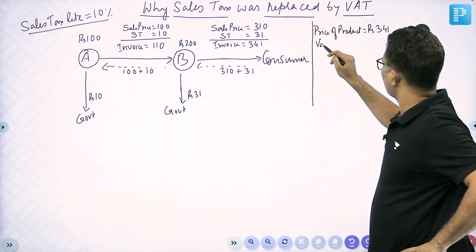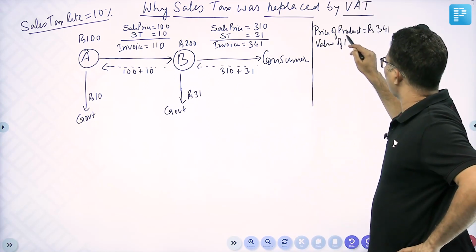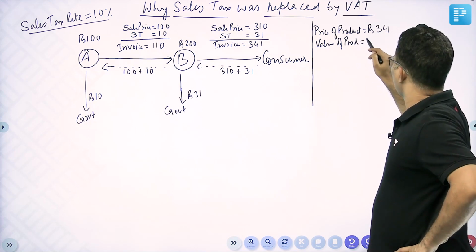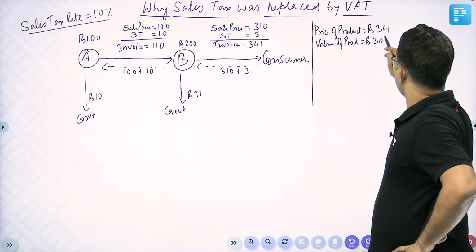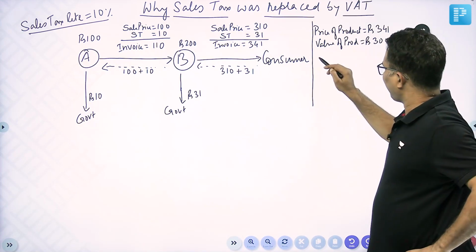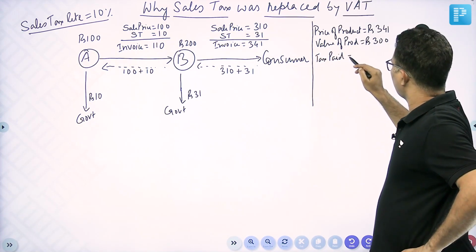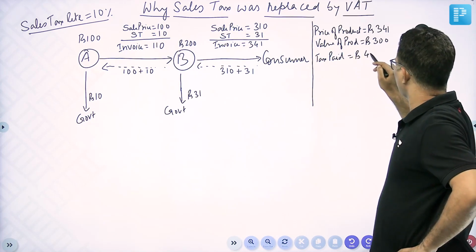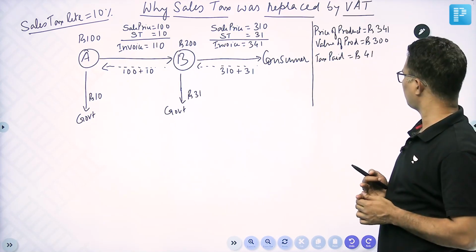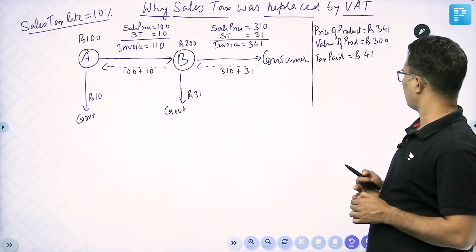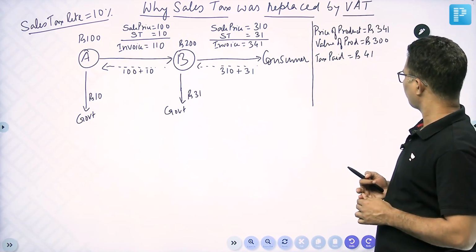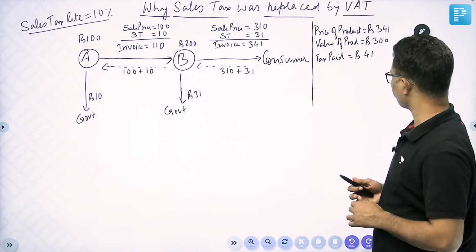So the value of the product excluding tax is rupees 300. Tax paid is rupees 41, right?